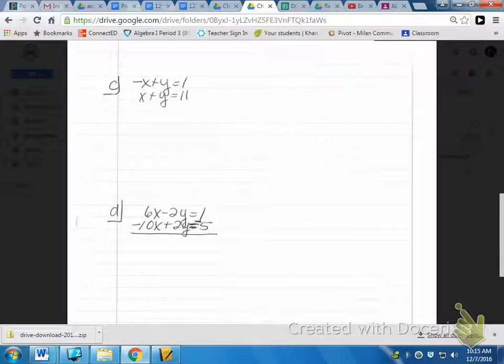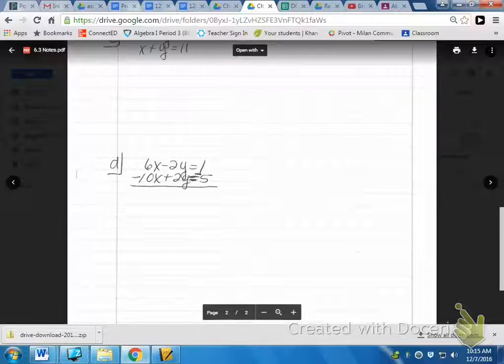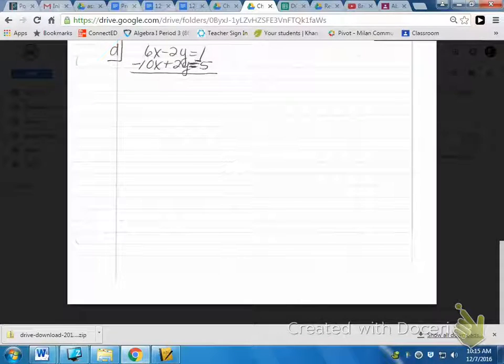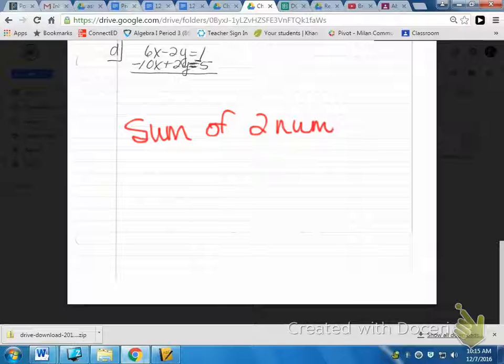Okay, I definitely want to add a word problem, so please write this. Okay? Here it is. The sum of two numbers is 18.